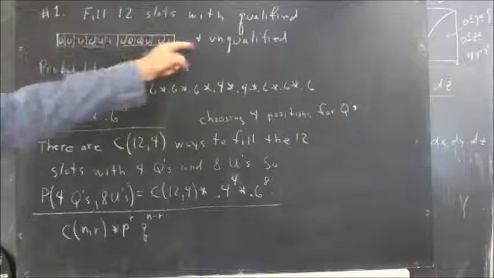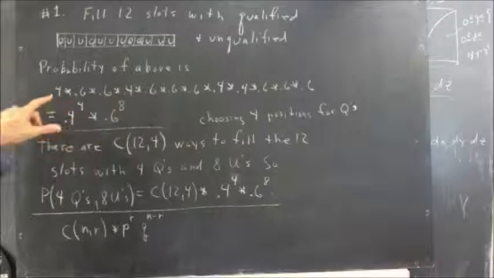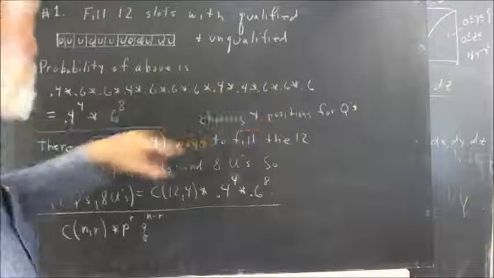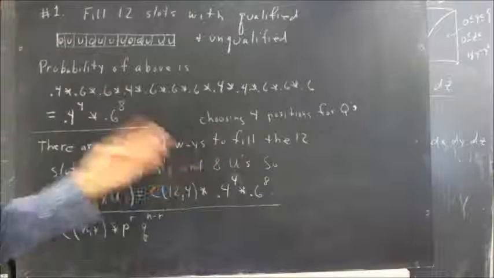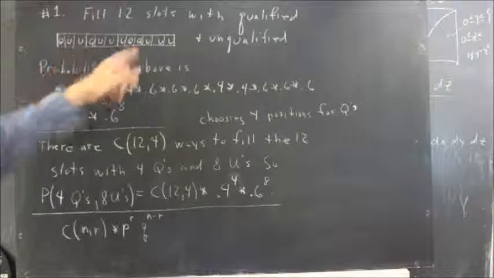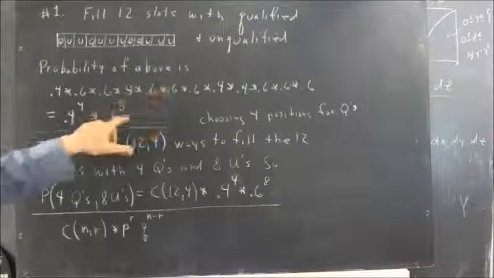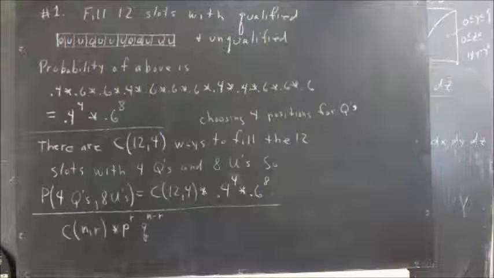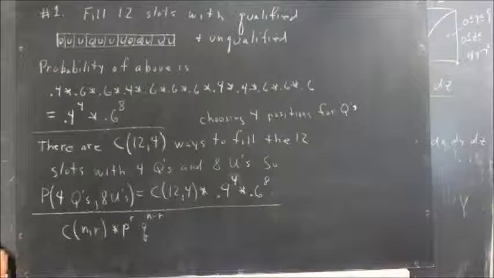The probability of this outcome on 12 choices is the product of these probabilities, and that product has 0.4 occurring 4 times because we have 4 qualified people, and 0.6 occurring 8 times because we have 8 unqualified people. Now, this is only one way that these people could have been chosen.